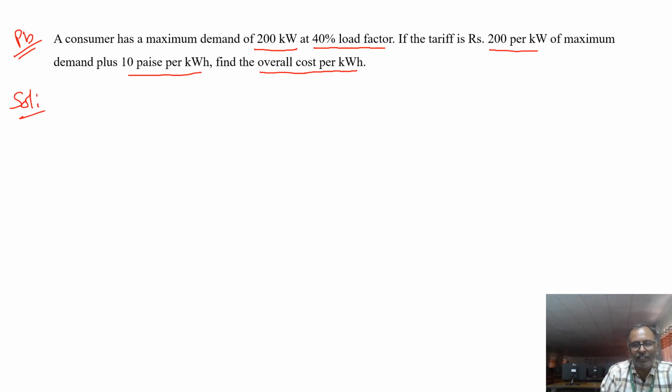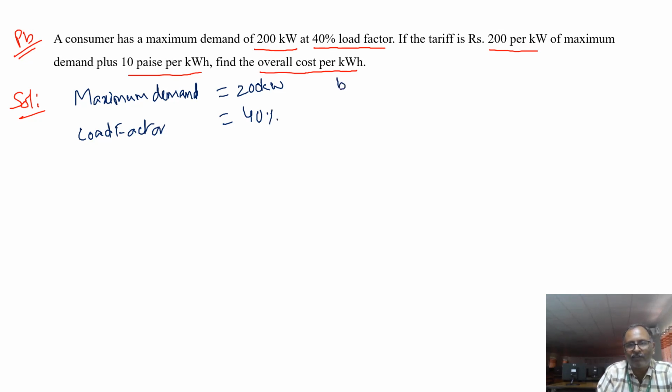So the data that they have given is maximum demand is 200 kilowatts and load factor is given as 40%, and for finding the fixed charges, the cost per kilowatt of maximum demand is given as 200 rupees, and for running charges they have given the cost as 10 paisa per kilowatt hour.